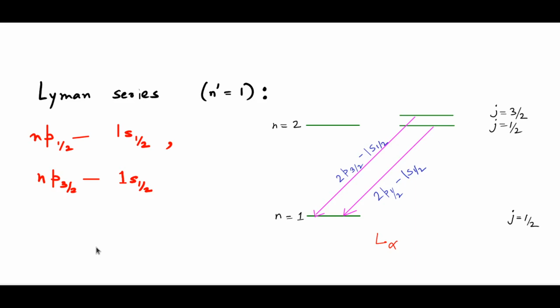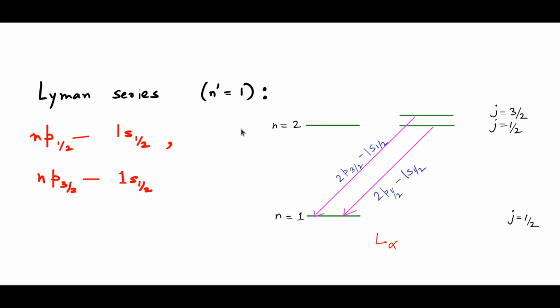The lower level is not split at all. And because l is 0 for the lower level, the only possible transitions can occur from l equals 1, that is from p levels. So you have two possible sets of transitions from np half to 1s half or np 3 by 2 to 1s half, where n is the principal quantum number for the upper level.